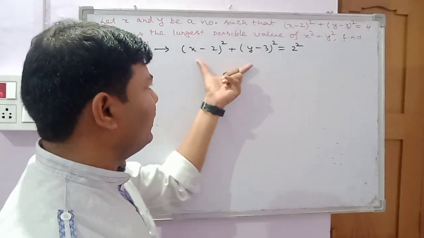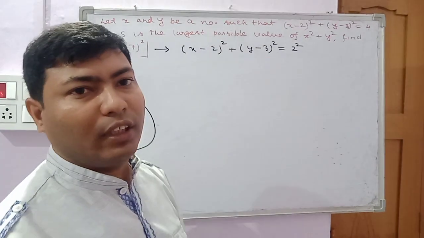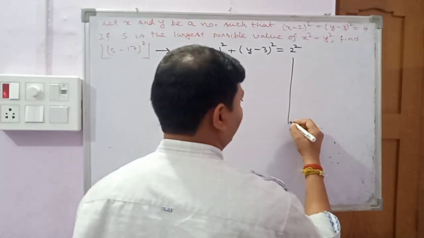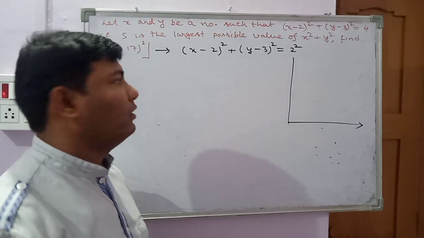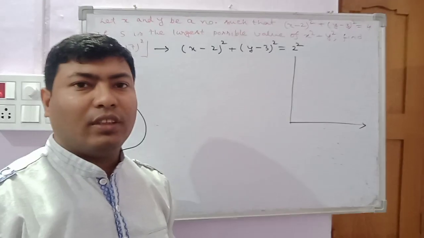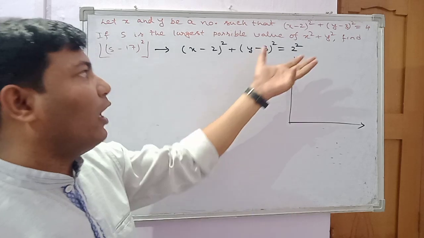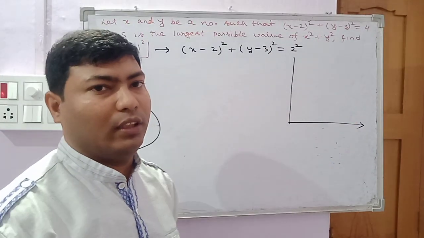So clearly this is the equation of a circle. If we want to draw the circle, let us first understand the equation given. Here the graph of the equation is a circle.